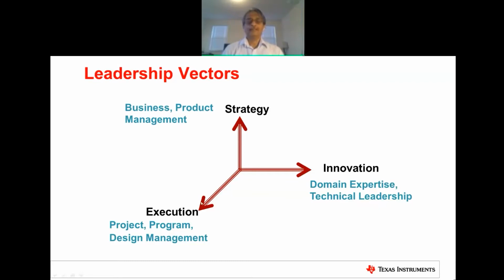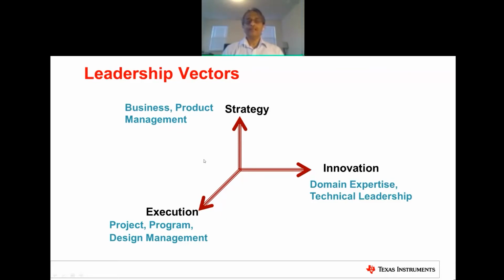There is an aspect of execution, time to market, being able to meet some of your requirements in terms of power and performance as per what the goal is, and so on. So there is a very important component of being able to execute and deliver on the products through project program and design management. And then there is an overall strategy aspect of business and product management.